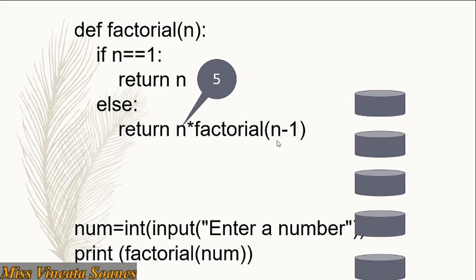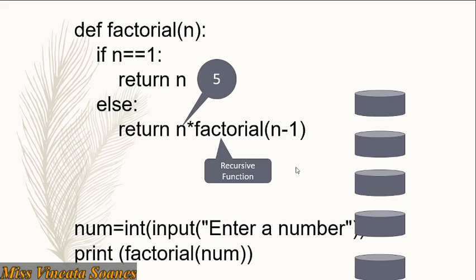You are sending 5 minus 1, that would mean you're sending 4. So basically this is what we call a recursive function. The first point is that your program is calling itself, so it's recursive. So the recursive case, you have done it.